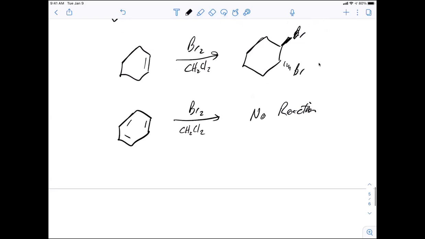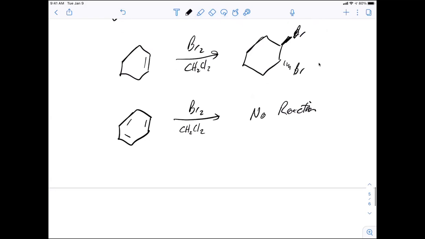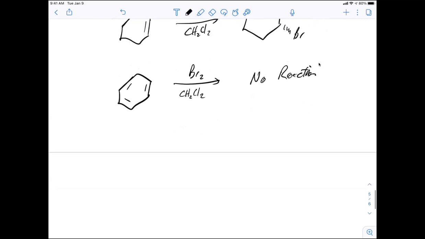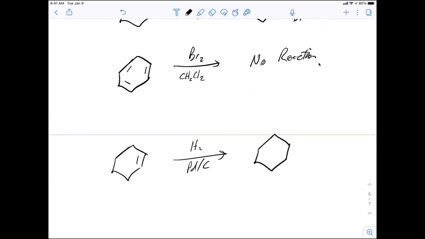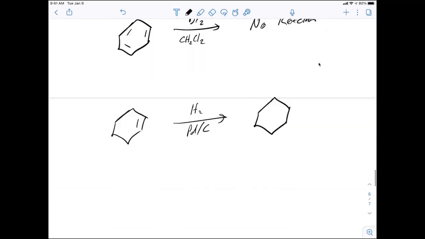So it's just not the same as an alkene. The stability of this pi system means that we have different reactivities. Similarly, if we took an alkene and reacted it with hydrogen and something like palladium on carbon, one of our nickel, palladium, or platinum catalysts, this is going to hydrogenate it all the way. So we go to saturated.